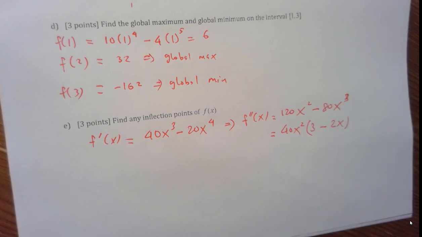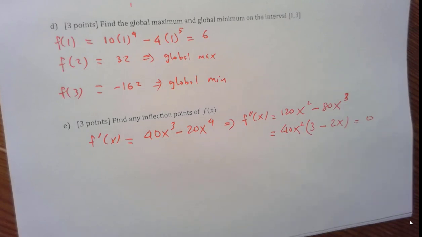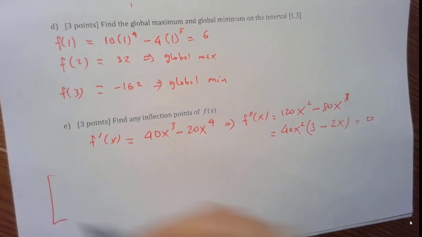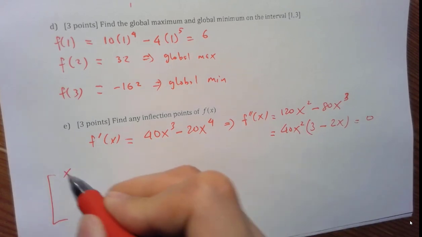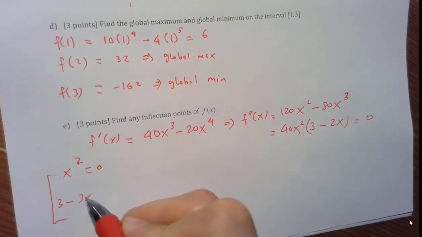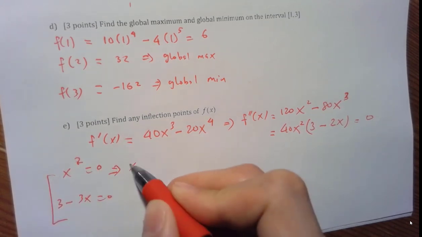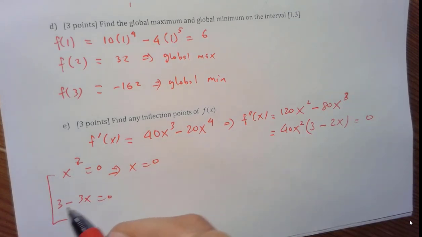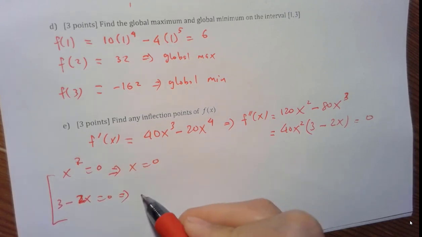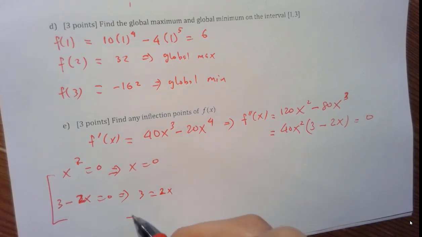To find the critical point, we set this to be 0, right? So x squared is 0, or this expression here is 0. x squared equals 0 tells me x should be 0, and for here, I move 2x to the right-hand side, 3 equals 2x, and then I divide both sides by 2.